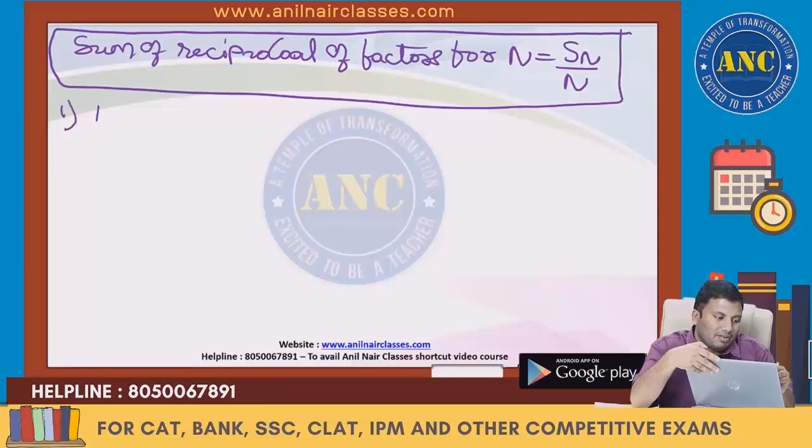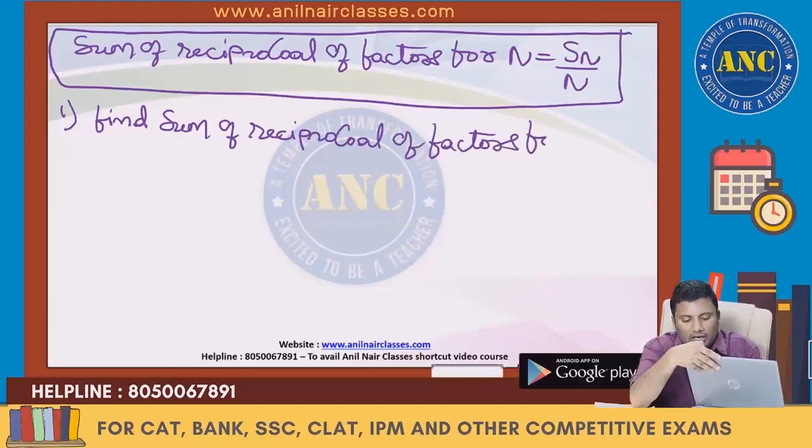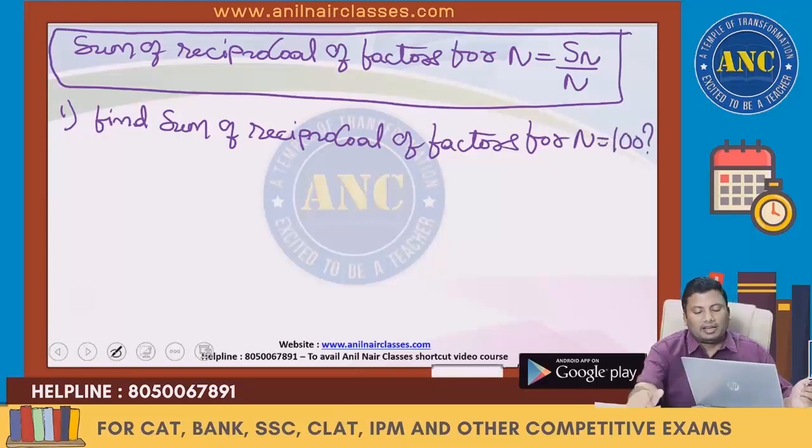First question: find the sum of the reciprocal of the factors for n equal to 100.